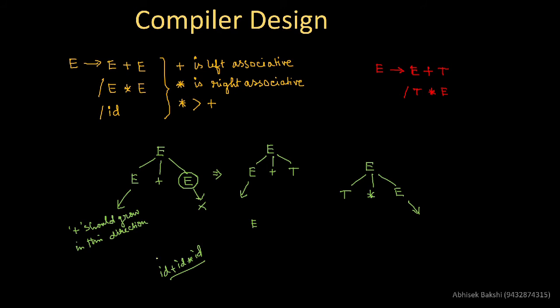So if we start from here, I can use two different ways. E to E plus T, and then on this side I will write E to T star E. And over here I can again generate, say for example, E plus T. That's very natural, that I have to grow on the right hand side.